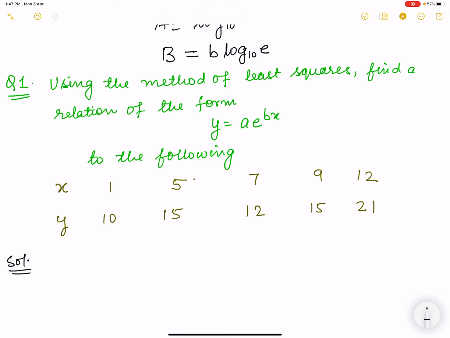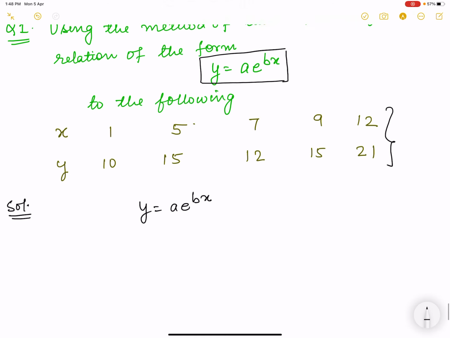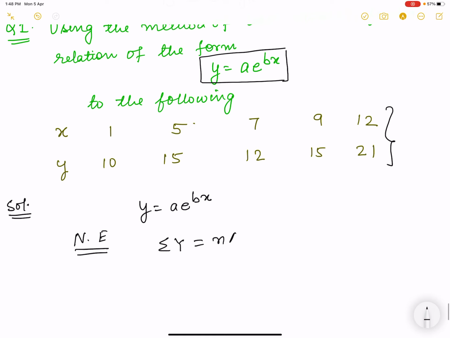Let us move to our question number 1. In this question, we have to find a relation of the form y is equal to a e to the power bx, and the data is given to be this. So the curve which is to be fitted is y is equal to a e to the power bx, and if you remember, the normal equations which we had written are sigma capital Y is equal to nA plus B sigma x, then sigma x capital Y is equal to A sigma x plus B sigma x square.